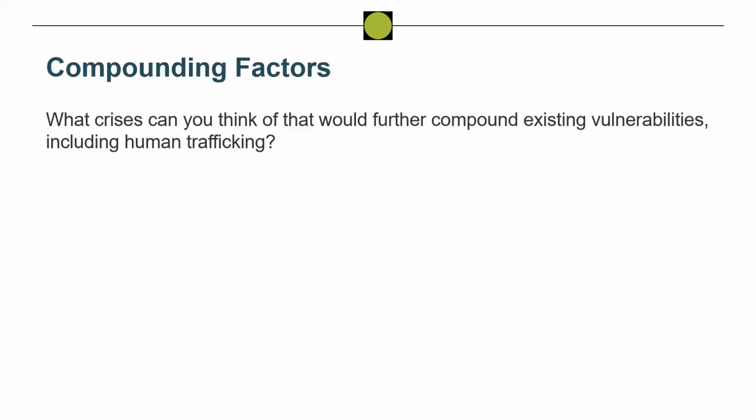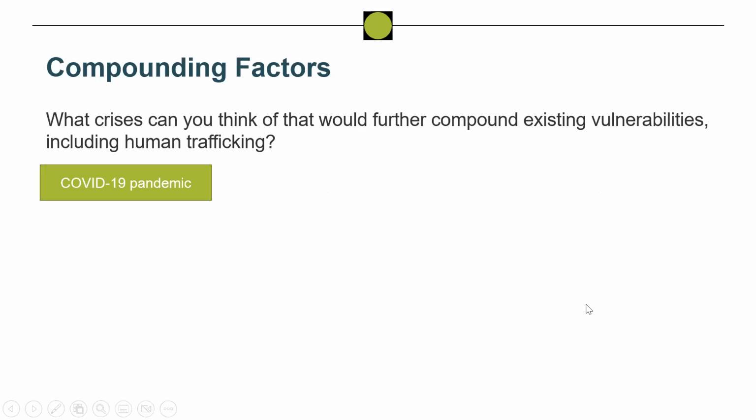What are some of the compounding factors that exacerbate or continue to increase vulnerabilities, including human trafficking? On top of your mind, some of the crises that we can think of include, one, the just, let me call it, ended COVID-19 pandemic.